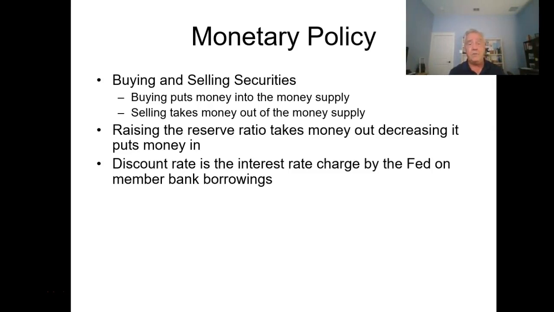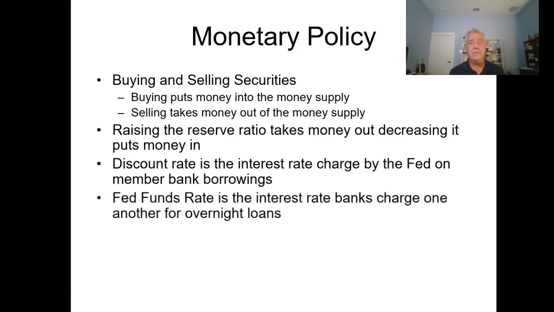If they reduce that rate, or they charge a higher interest rate on borrowings from the Federal Reserve, they do the opposite. It makes it more expensive to borrow from the Federal Reserve, and therefore it's more expensive to lend money out, because they've got to cover their own costs of borrowing. Interesting concepts. The Fed funds rate is the rate that they charge one another for overnight loans.